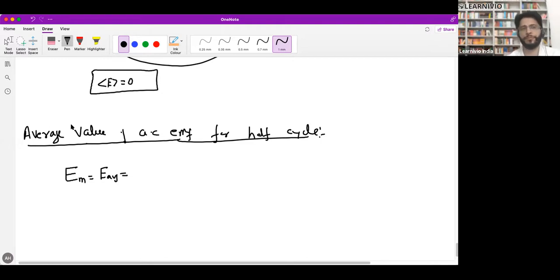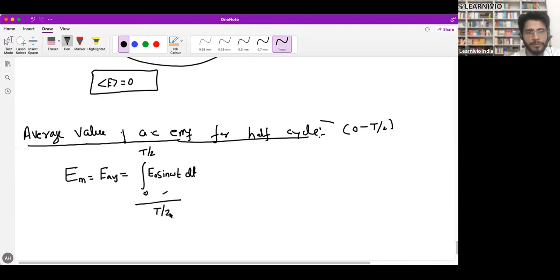When we write E average, we mean half cycle, that is, in time 0 to T by 2. Although derivations are not a part of the syllabus, I'm writing the complete thing. You will integrate the EMF, E naught sine omega t dt, from 0 to T by 2. Then you will divide it by T by 2.